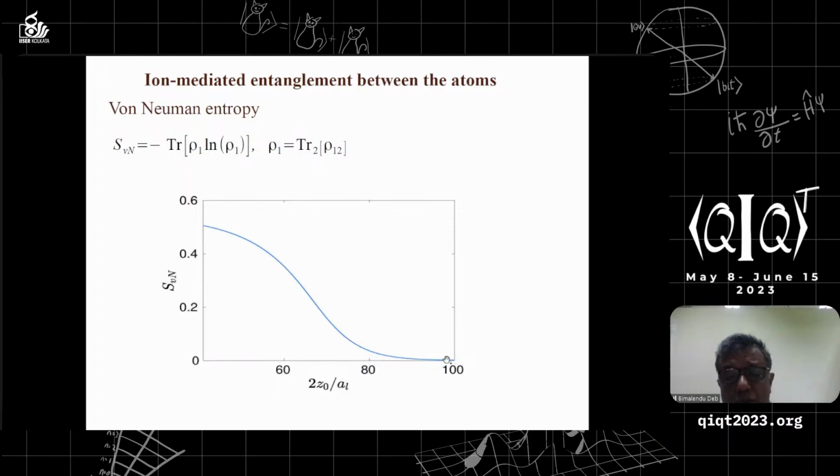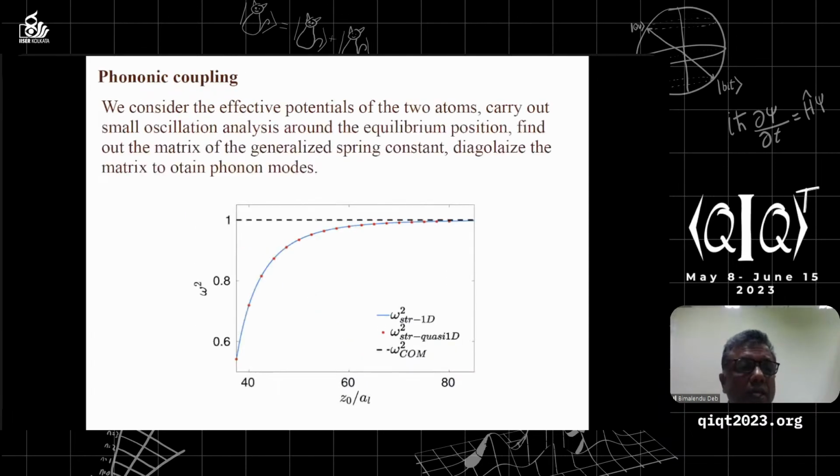And as we go far away, say 80, 100 would be 30 micron, then it vanishes quickly. Okay. And then we have calculated also phononic coupling between the two atoms induced by the ion.